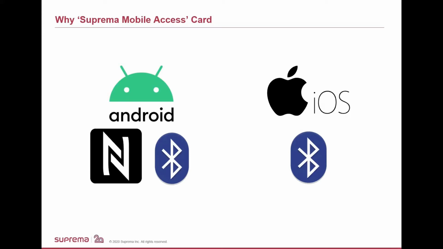And BLE, Bluetooth, is the only way with iOS. NFC is a fast and reliable method for short-range communication. And Bluetooth is an optimal method. With these technologies, Suprema supports a good quality of mobile card service.